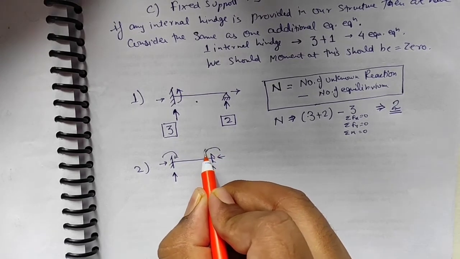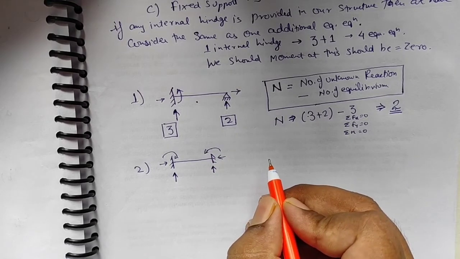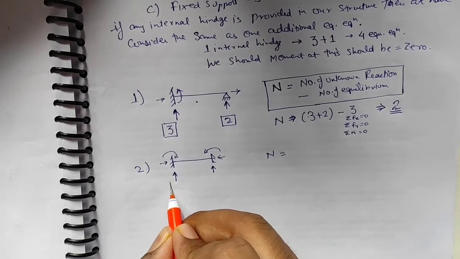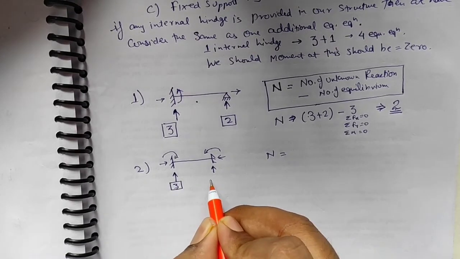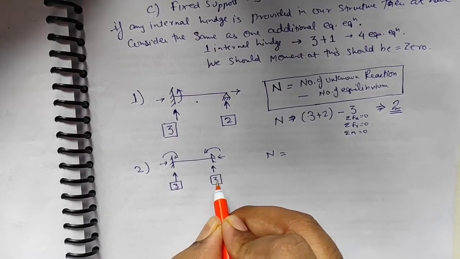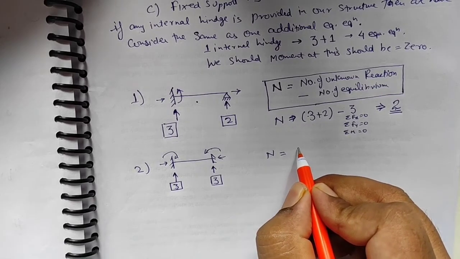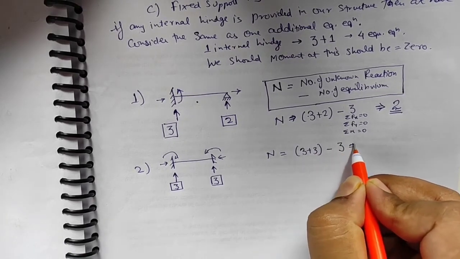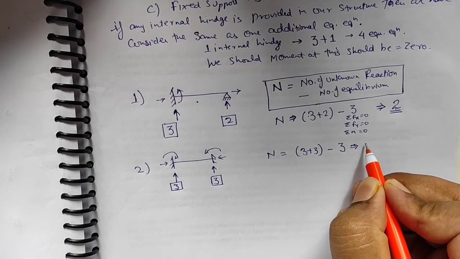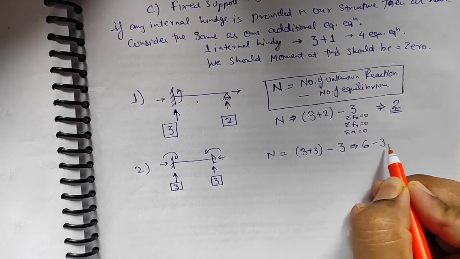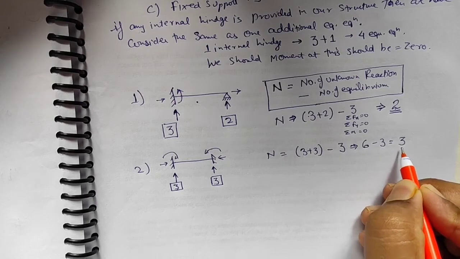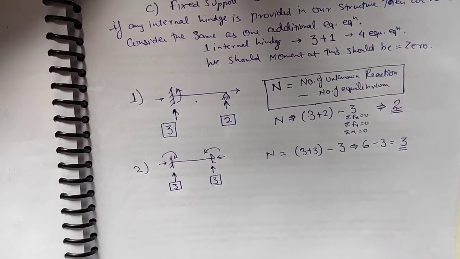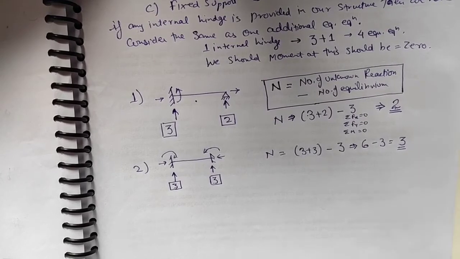So there are three unknowns at this end and three unknowns at this end, that is, a total of six unknowns, and we have three equilibrium equations, so 6 minus 3 is 3. So here the degree of indeterminacy is 3.